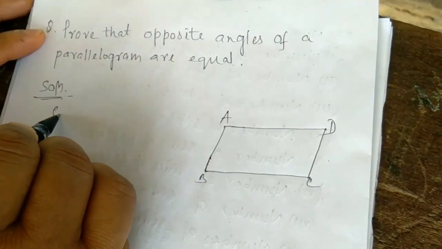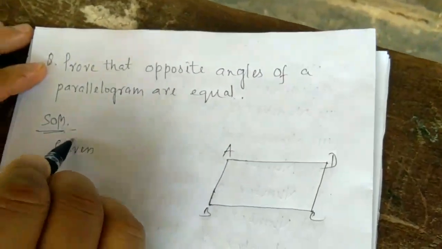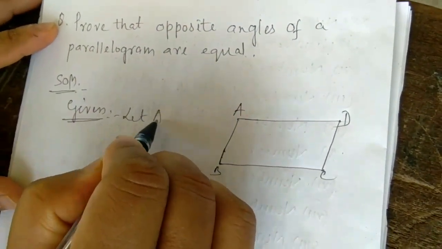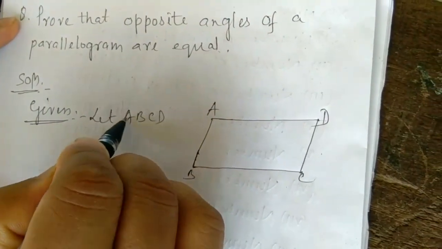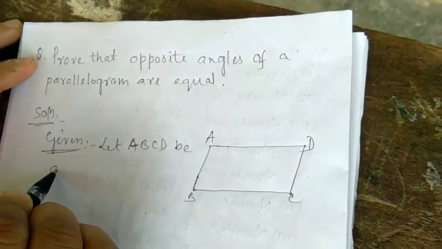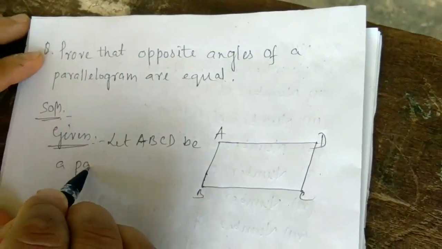So before that, we write the given part. What is given? Let ABCD be a parallelogram.